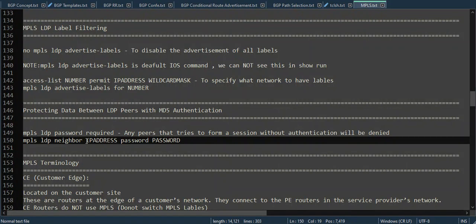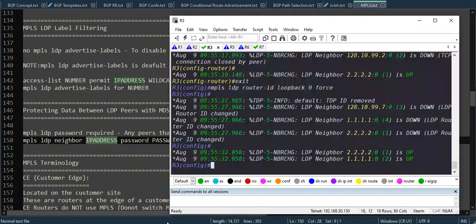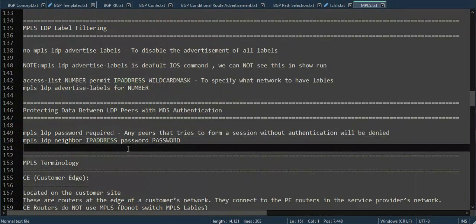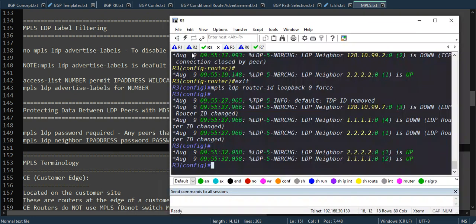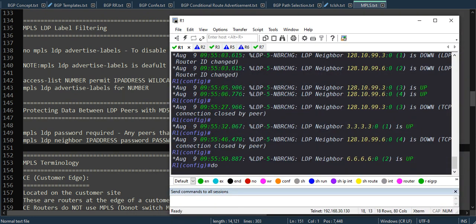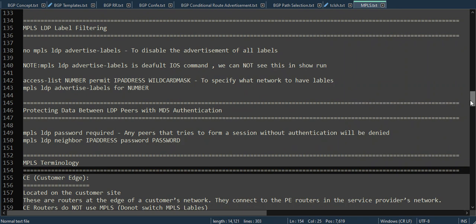The LDP neighbor ID will become a loopback because I have force. I have this command. Now I have to use the loopback 0 of the remote. Okay, let's verify that.